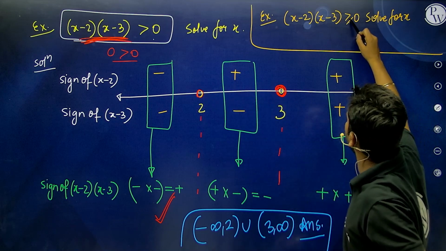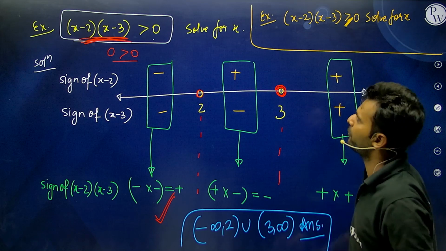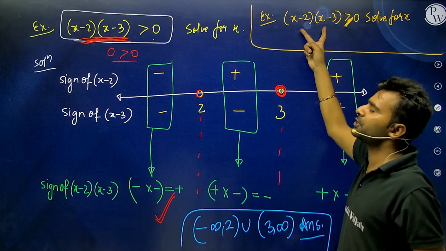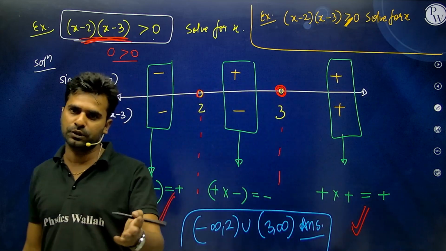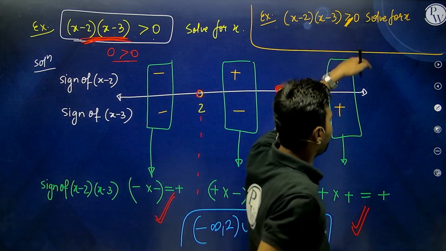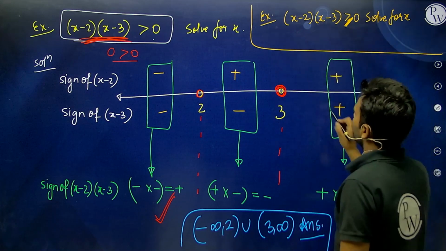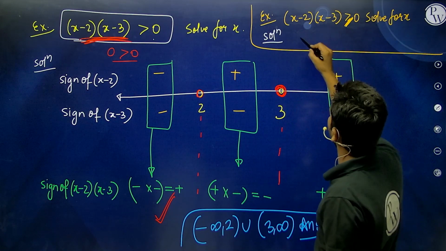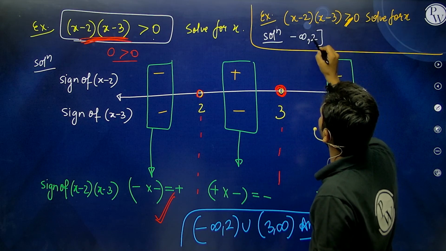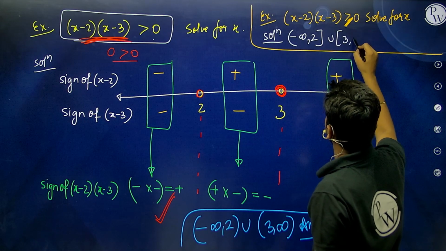Why? Because over here equal to 0 is written. If you put x equal to 2 inside this, it will become 0, and the inequality becomes 0 greater than or equal to 0, which is true. That's why x equal to 2 and x equal to 3 will also be answers. So the final answer in that case is going to be minus infinity to 2 union 3 to infinity.